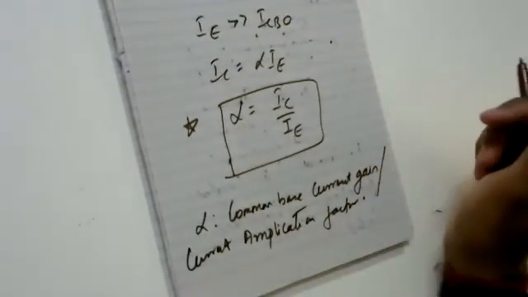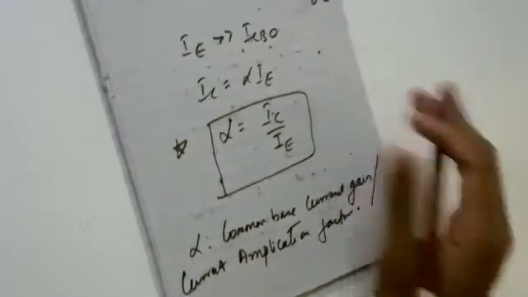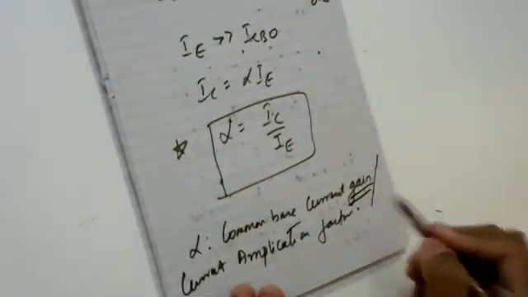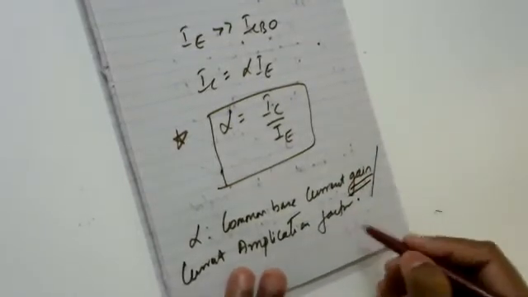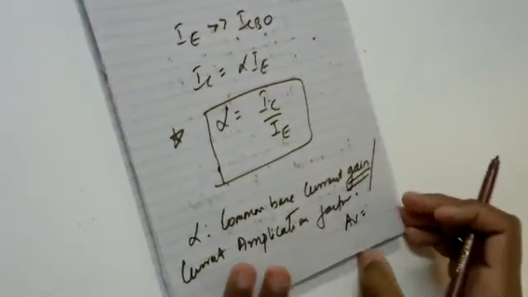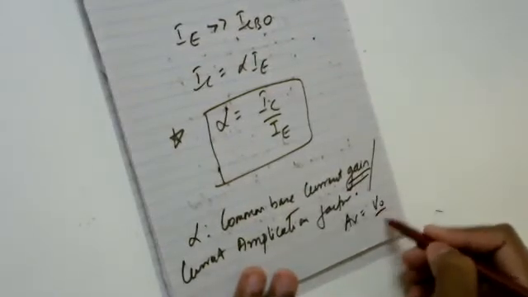Because when I say the word gain, since you have already studied the topic of op amps, you know that a voltage gain is given by the ratio of output voltage to input voltage.